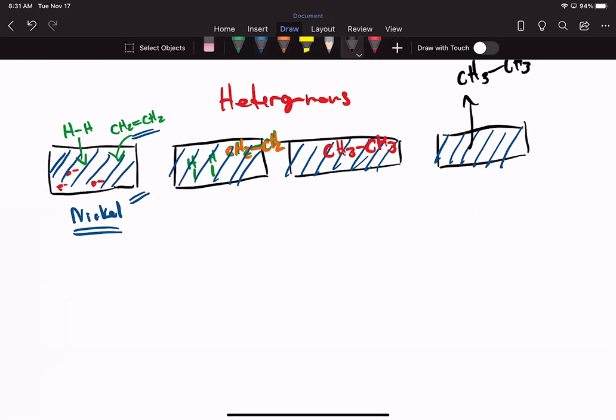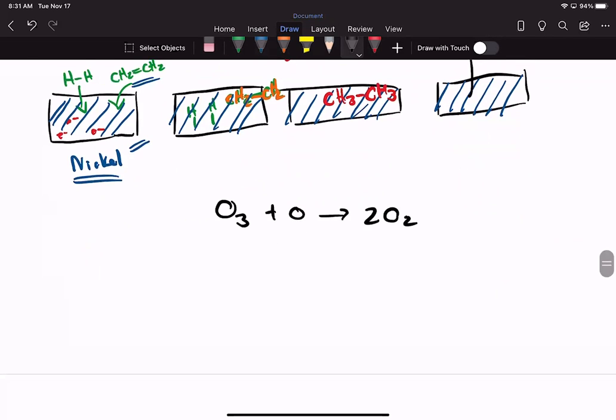So let's look at just one. Let's take a look at this reaction here. We have ozone decomposing into oxygen, right? And there are different catalysts that can do this.